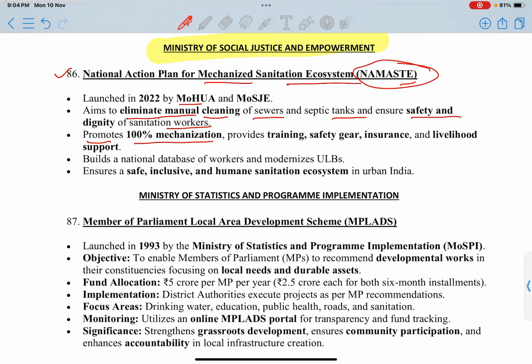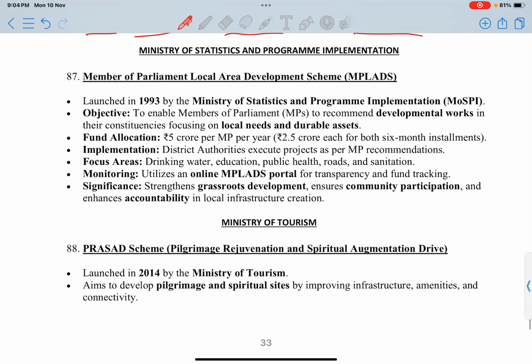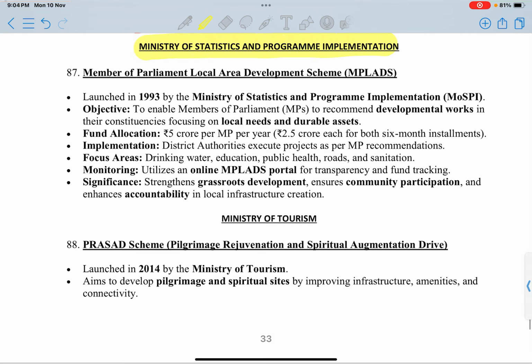Promote 100% mechanisation, providing training, safety gear, insurance and livelihood support. Build a national database of workers and modernise ULBs. Then ensure a safe, inclusive and humane sanitation ecosystem in urban India.